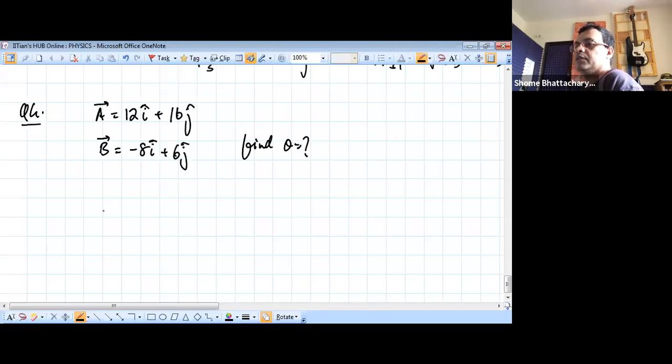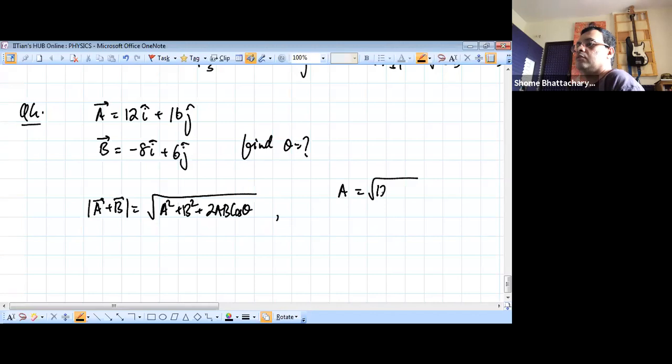Now one of the things we can do is use the formula: magnitude of A plus B squared is magnitude of A square plus magnitude of B square plus 2AB cos theta. Now in this we can see that magnitude of A is how much? It is root of 12 square plus 16 square. So that is 20.